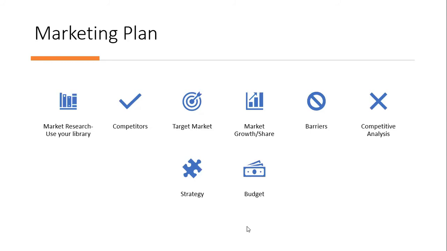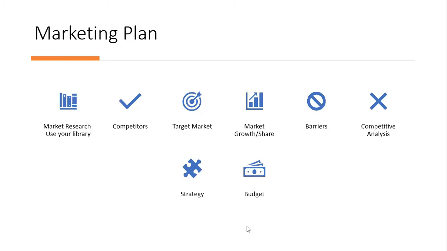You want to be very detailed about your target market. What market share will you have, and based on what you find in your research, what is the growth of that market? Are there barriers to entry in the market that you're going to be doing business in?